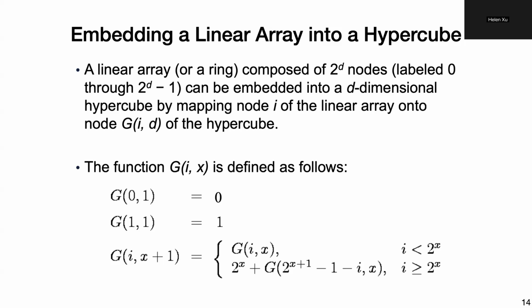Yes, this is the reflected part, because as i is going up, this thing is going down. And it's defined on the x dimension. So this is the lower bits, and this is saying the top bit is 1. Any other questions?